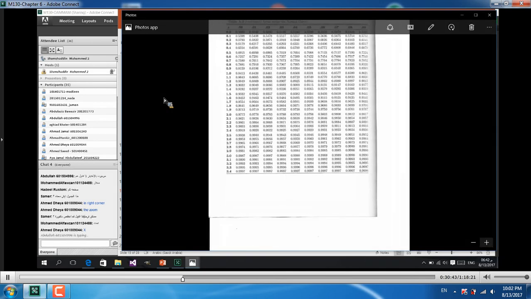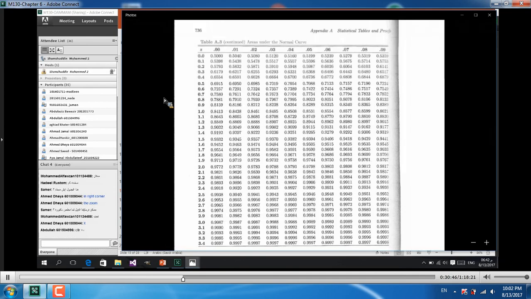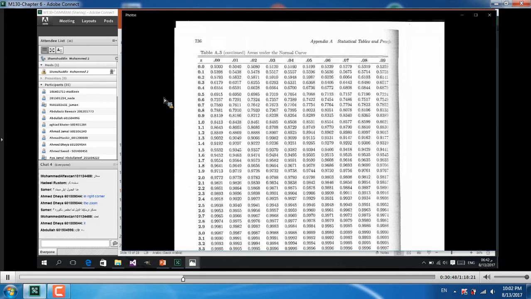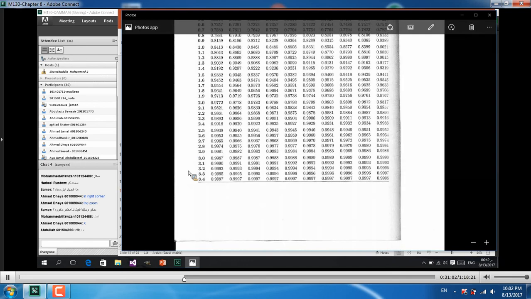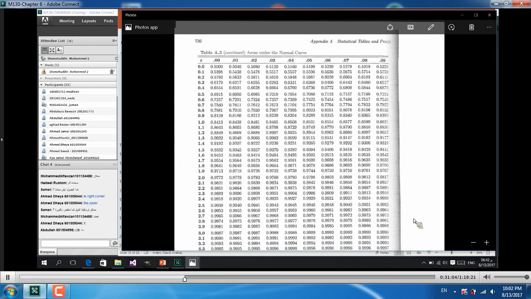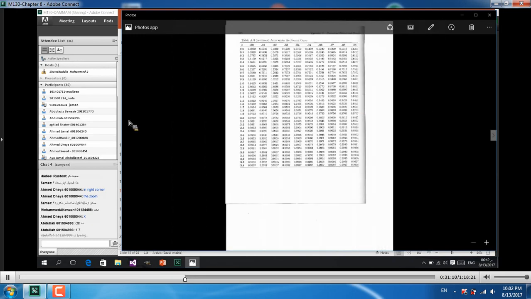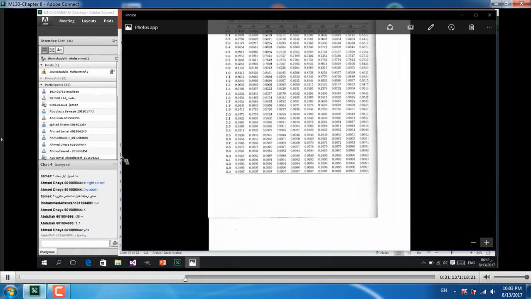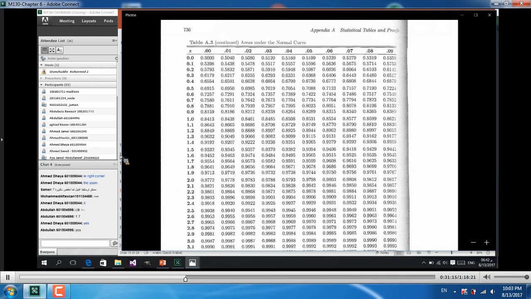So in this table, I'm trying to find 1.74. At the left here, those are the values of Z. I can find 1.7. Can you see? Can you look at the cursor? I found 1.7 only here. Okay, and then 4, I need 1.74, so let me move till I meet the 4.